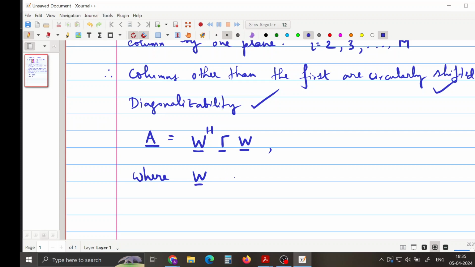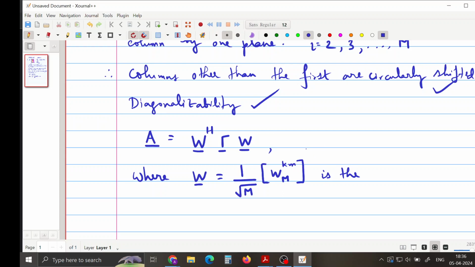W is the normalized DFT matrix. We have seen the DFT matrix. It's a square matrix, and it has entries in the form of the complex roots of unity, and this W matrix is a normalized DFT matrix. So there will be a scaling factor of 1 by square root m in front, and the entries are like this: Wm to the power km. This Wm is actually the mth complex root of unity.